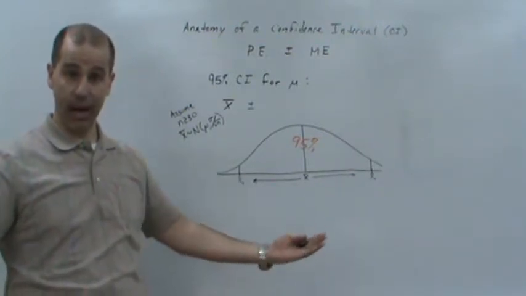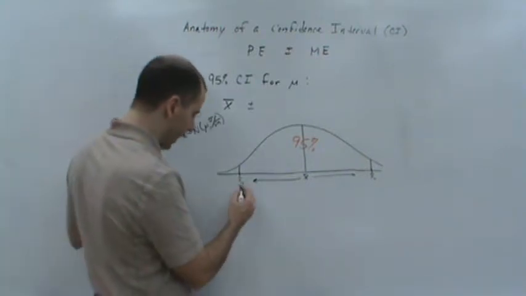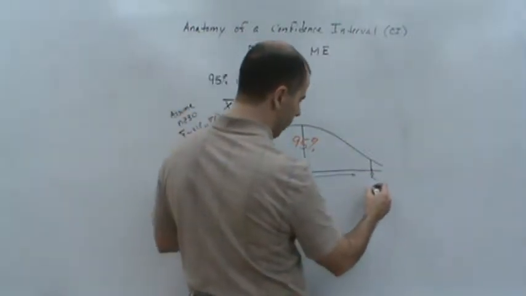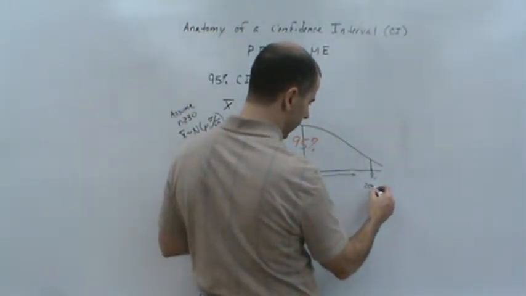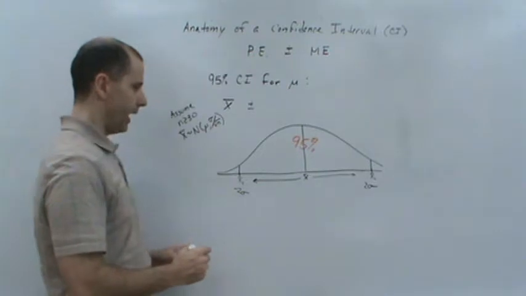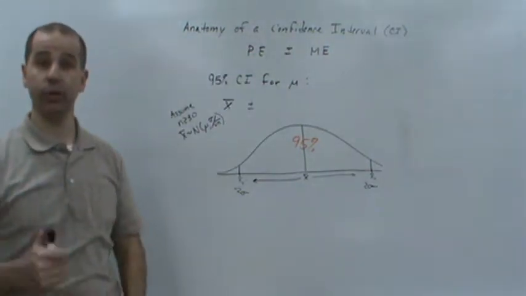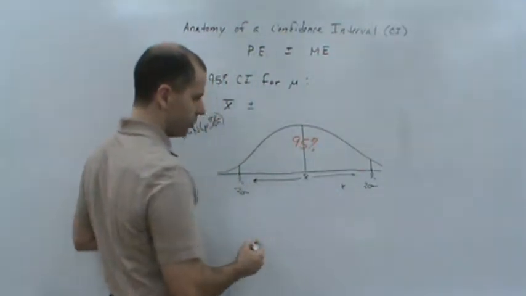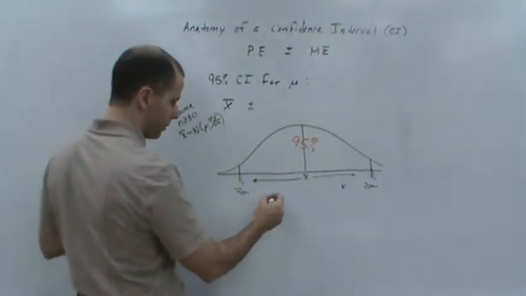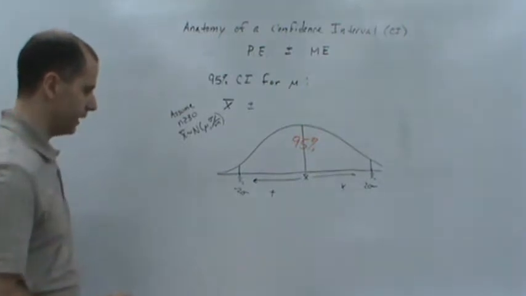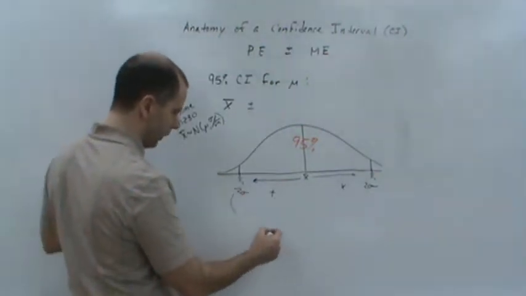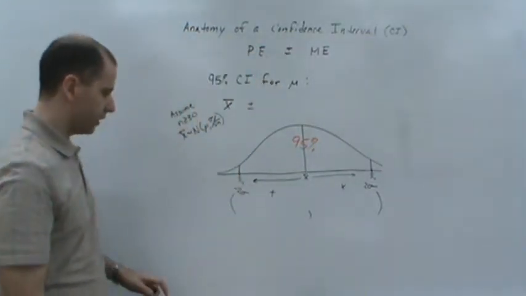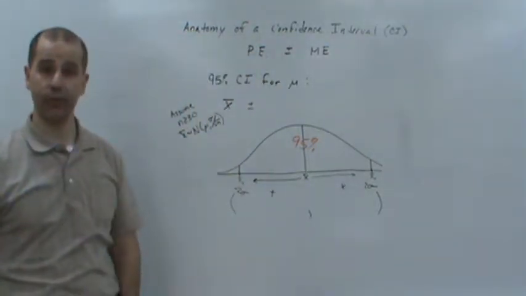So I go out 2 standard deviations this way and 2 standard deviations this way. I'm going to add 2 standard deviations here and subtract off 2 standard deviations here, and whatever those values are, that's going to construct my confidence interval.